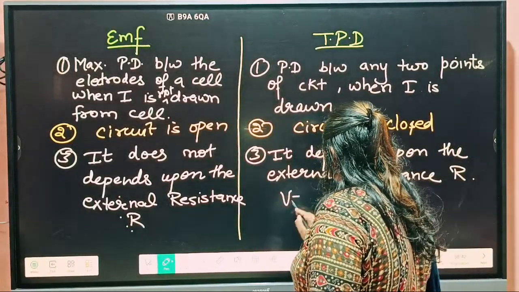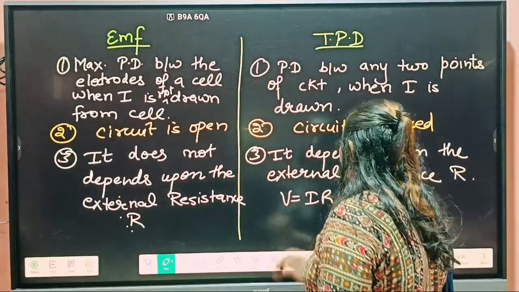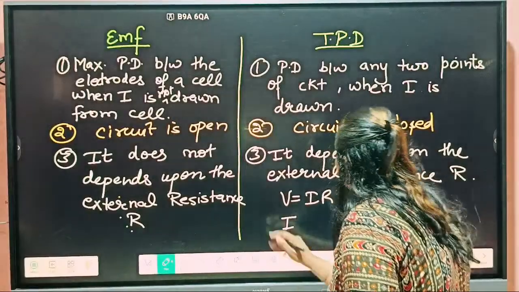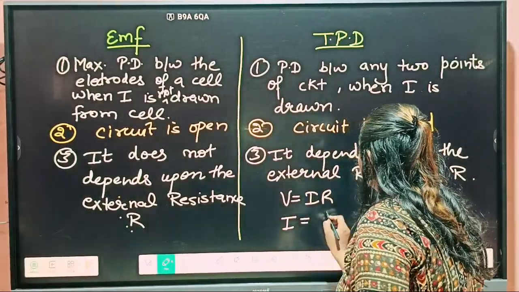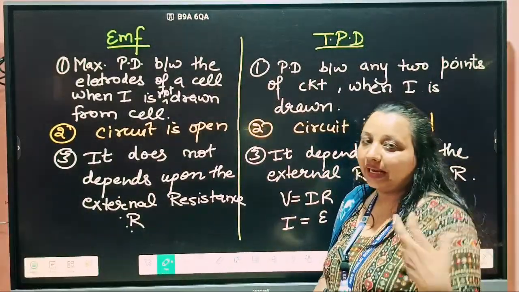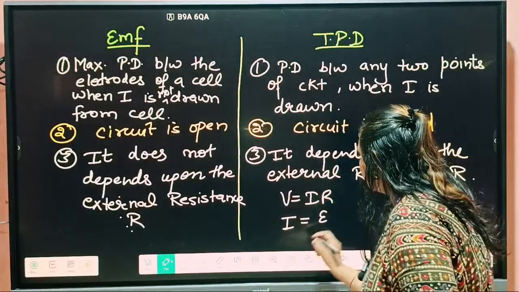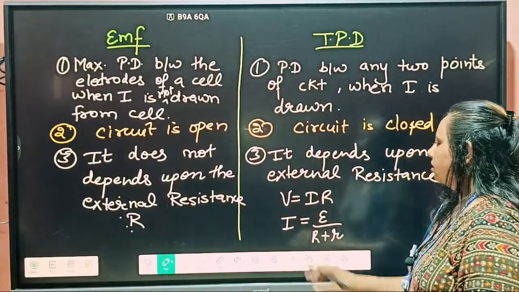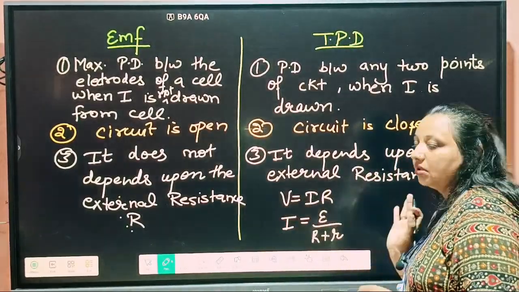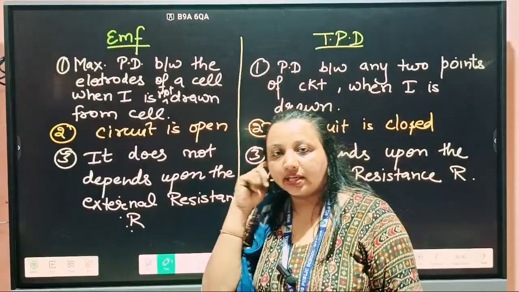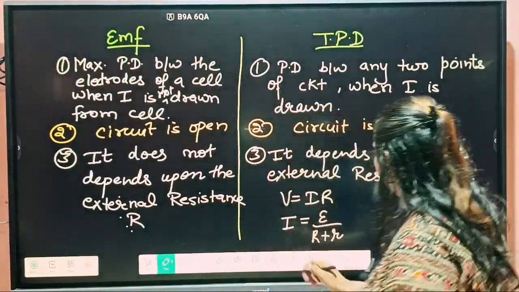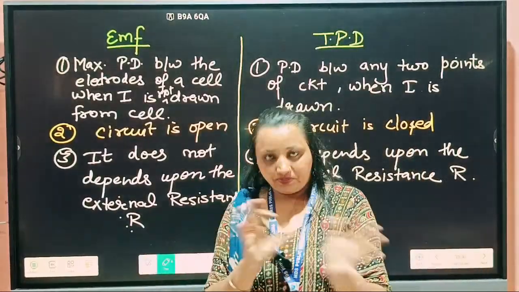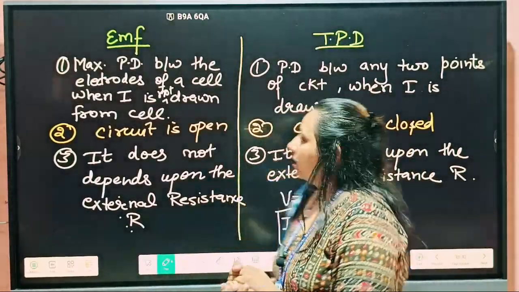Because V is equal to IR, and the value of I in case of terminal potential difference, when there is EMF and internal resistance and external resistance, I is equal to E upon R plus r. So here this depends on R, but EMF doesn't depend on the external resistance, right? So this is a difference between EMF and terminal potential difference.